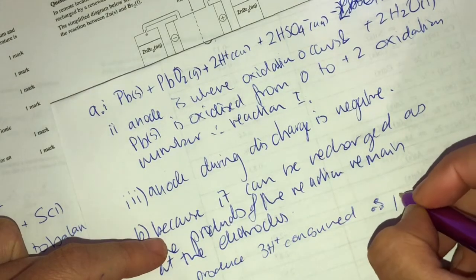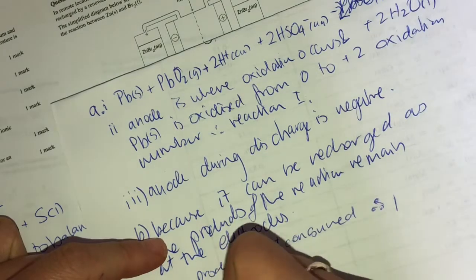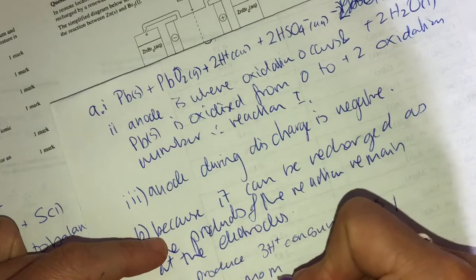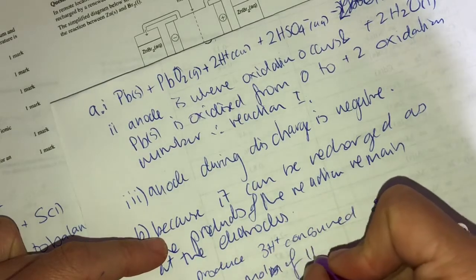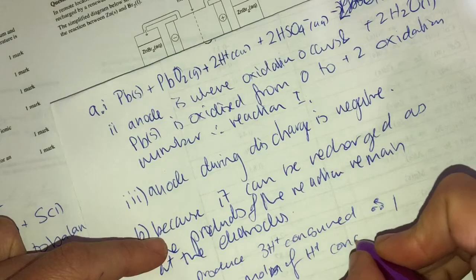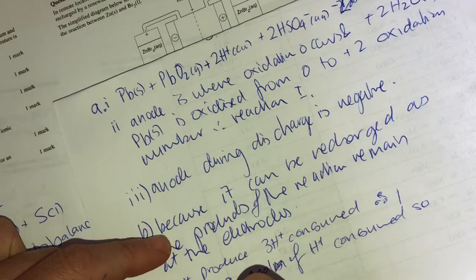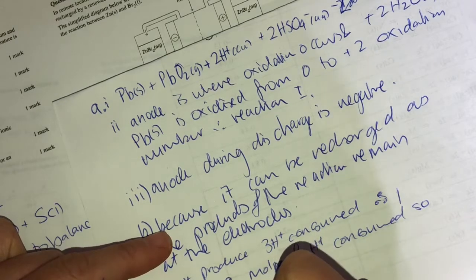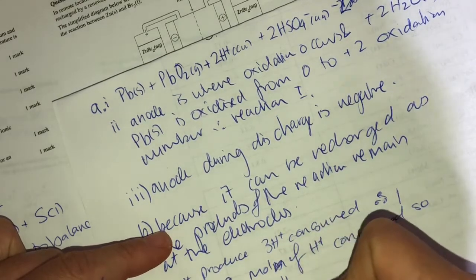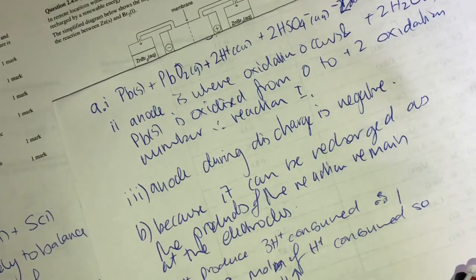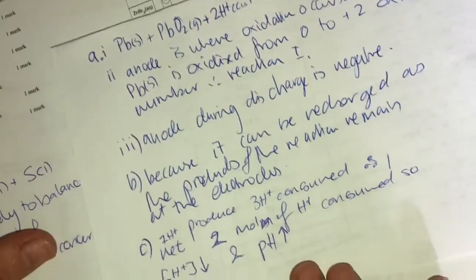Therefore, net 2 mole of H plus consumed. So H plus concentration decreases over time and pH increases over time. So make sure you're writing it in full sentences. Since H plus is being used up, the pH increases.